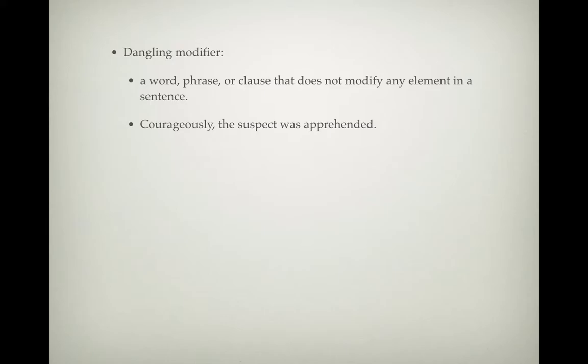So to correct this one, you really would have to completely rewrite it. The suspect was apprehended by the courageous policeman. Or you could say the courageous policeman apprehended the suspect. So there are a couple different ways you could correct that, but you want to make sure that the word courageous or courageously is connected to the person who actually was courageous in that sentence.